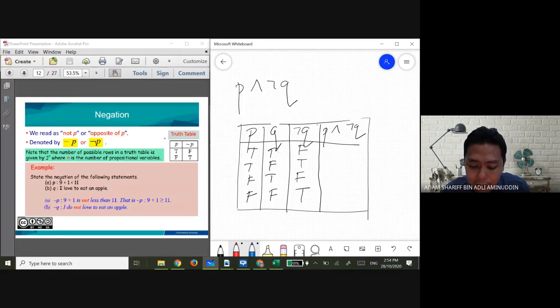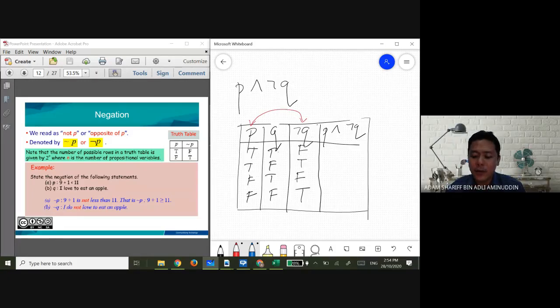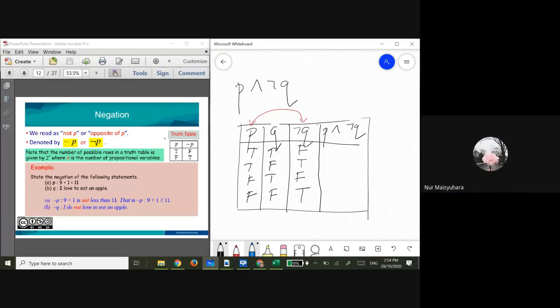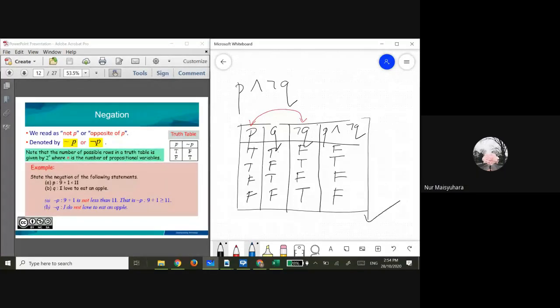You only focus on P and not Q, these two columns. P and F, dia akan jadi F. P and T, T. F and F, F. Senang.